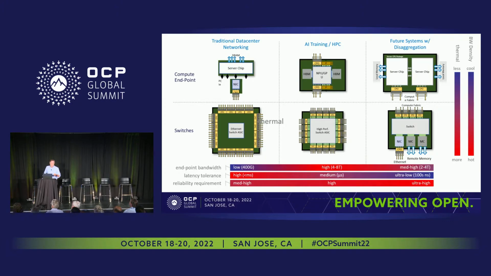So we've got the conventional Ethernet networking switches, and then potentially switches that are more optimized for low latency applications, and then coming all the way to switches used for disaggregation, potentially for switching between CPUs and memory complexes, and they're driven by different sets of constraints.